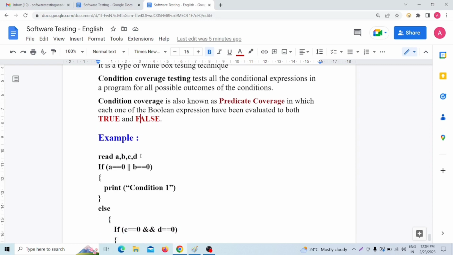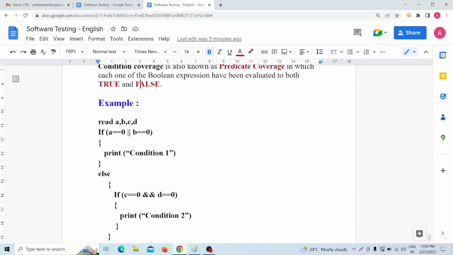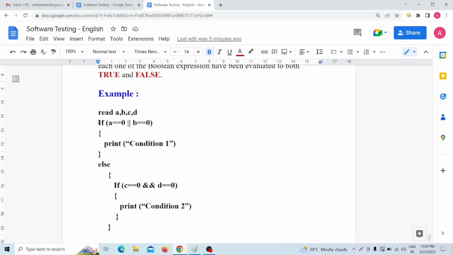Now this is a simple example. We are reading A, B, C, D. This is a very easy program. If A equals 0 or B equals 0, then we print condition 1. Else, if that condition is not satisfied, then else if C equals 0 and D equals 0, we print condition 2.